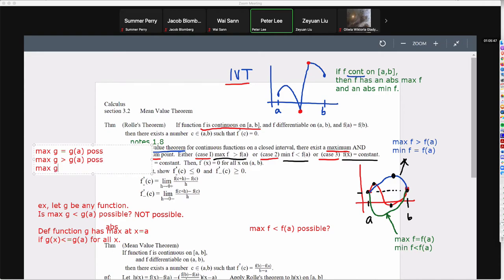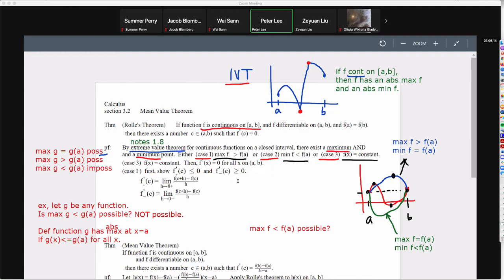But max g less than g of a is impossible. Does it make sense? Because by definition of max, it must reach the highest y value. So we don't have a case where max f is less than f of a. That's impossible. But it can be equal.